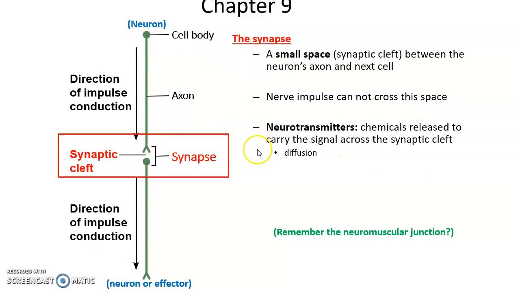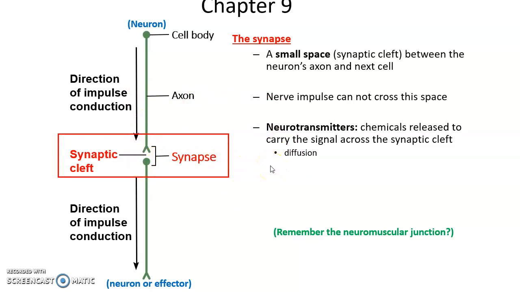So when two cells come together, that is the synapse. So when the neuron comes together, it forms a synapse with either another neuron or an effector cell. And the signal, the information, gets transmitted through this tiny space between the two cells called the synaptic cleft. So the nerve impulse itself cannot cross that space.